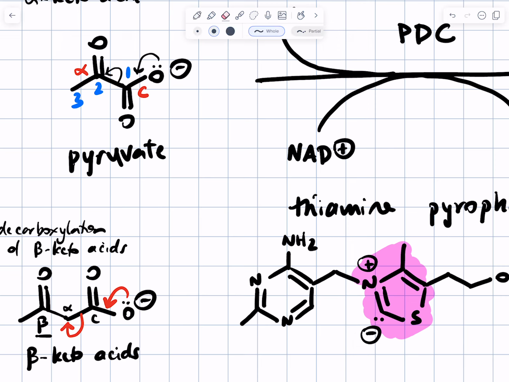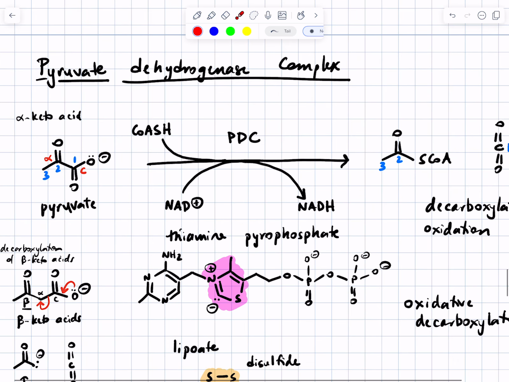So that gives you a sense for what we have to accomplish in this reaction. Somehow we have to make it okay for there to be a negative charge on carbon 2. And that's on the alpha carbon. And that's where these cofactors come in. We'll spend most of our time on the first step of this reaction because there are 3 things that happen in this pyruvate dehydrogenase complex. Okay. Questions about the overview?